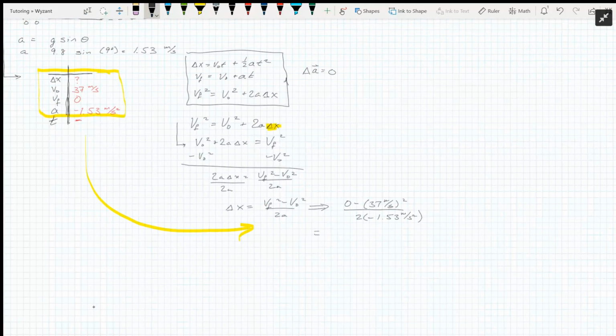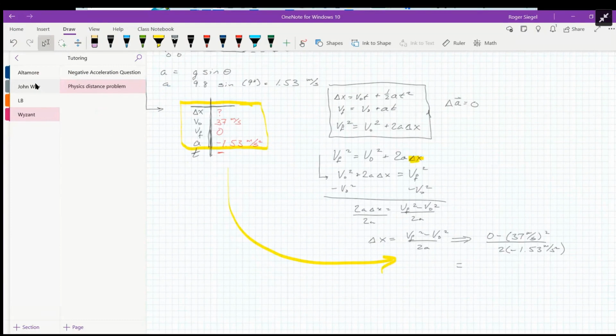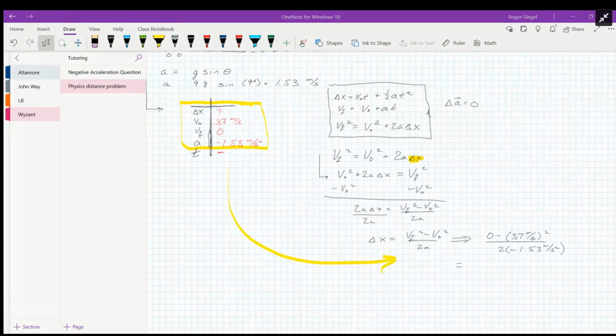I can use my calculator again. So we have negative 37 squared, divided by parentheses 2 times negative 1.53. And our answer there is 447 meters.